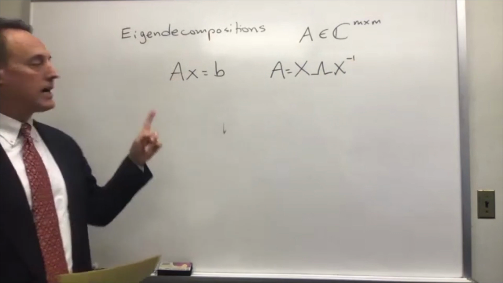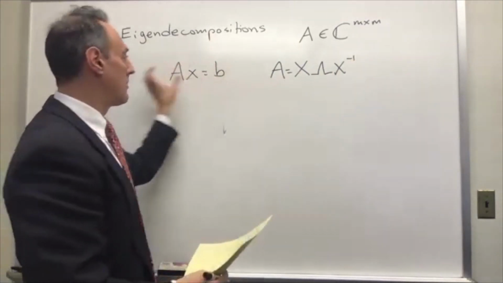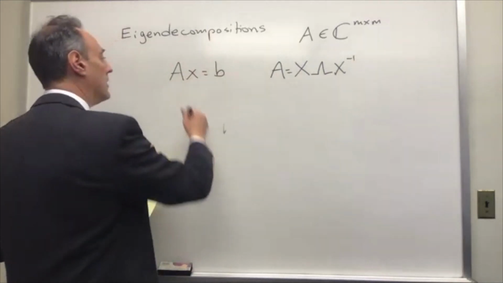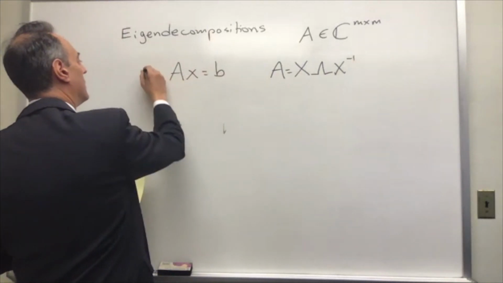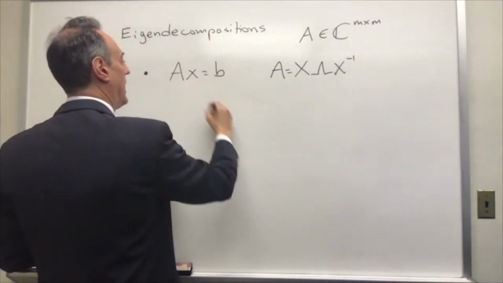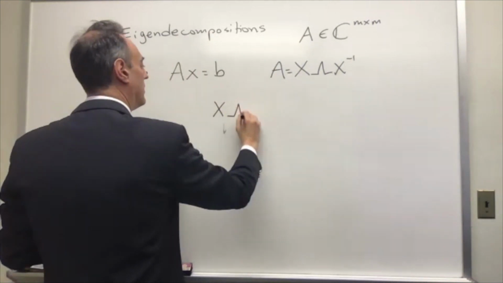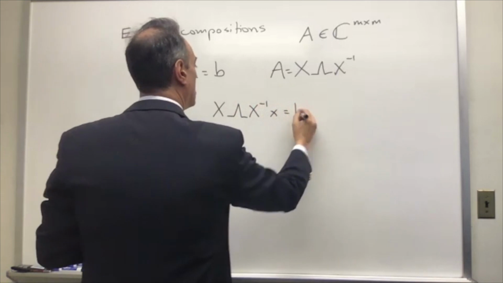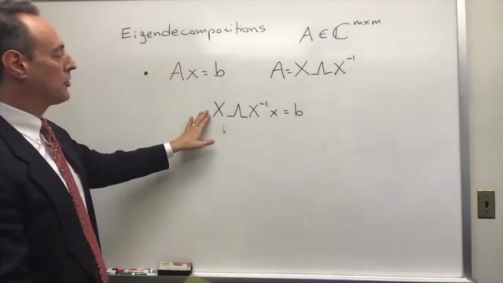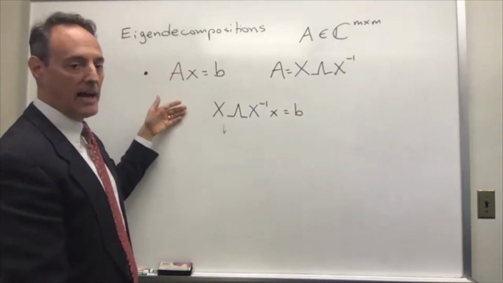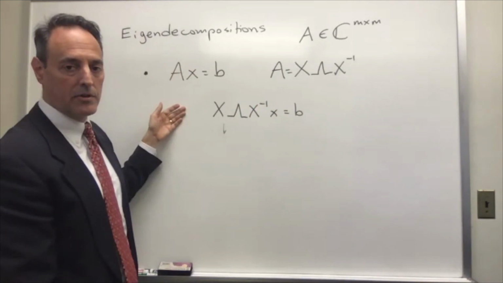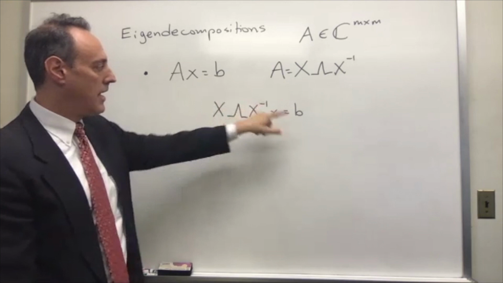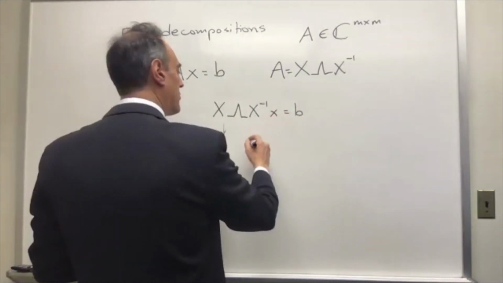Okay, so let's go ahead and say, if this is my decomposition of matrix A, if I can perform this decomposition, let's put it back in here. So I'm going to be able to put A in here to have X. Okay, I'm going to multiply on the left by X inverse. So X inverse X will be identity, and then I'll end up with X inverse over here.